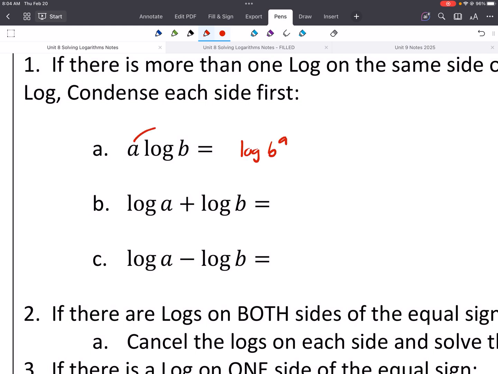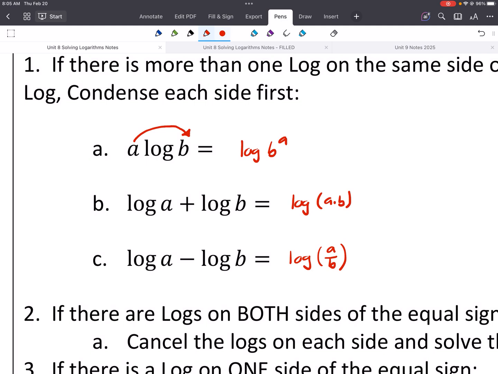So we're basically taking that coefficient and we can have it as an exponent, and those are equivalent. Okay? If we're adding logs, then we can multiply their arguments. So log of a times b. And if we're subtracting logs, then we can divide those arguments.